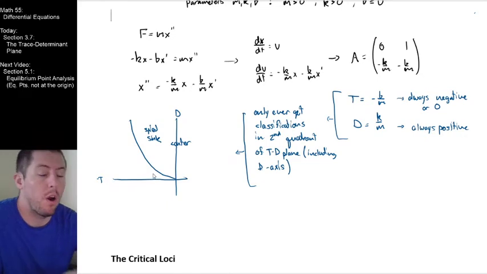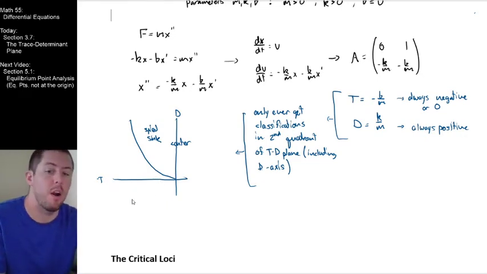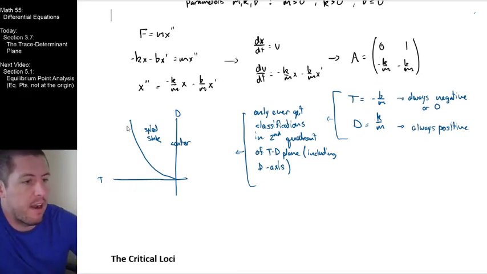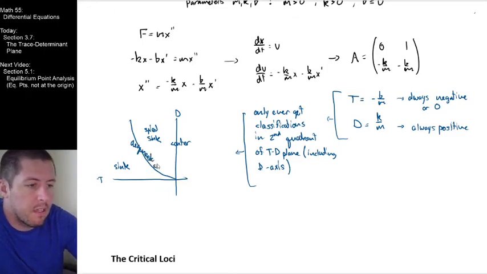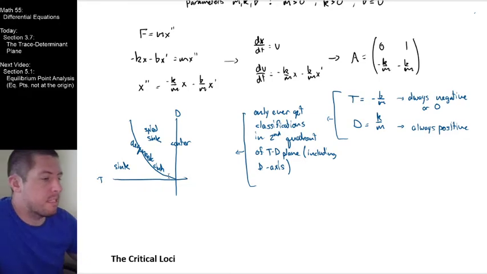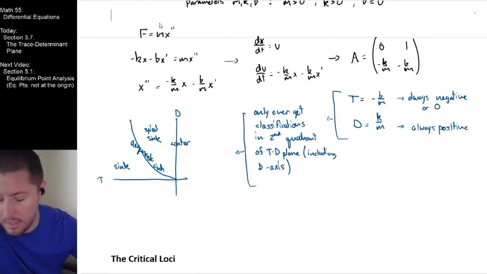It seems like we're only in the upper left part, so there's no saddles that can ever occur out here. It looks like we could just get a straight up sink. We could just decay towards the origin, or we could get a degenerate sink. So these are the only classification settings that are associated with our harmonic oscillators out here.